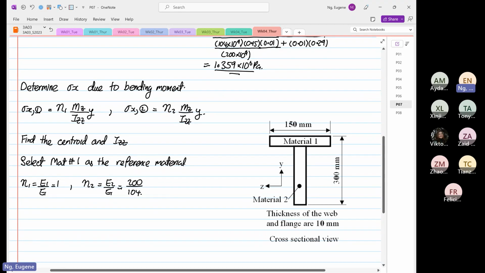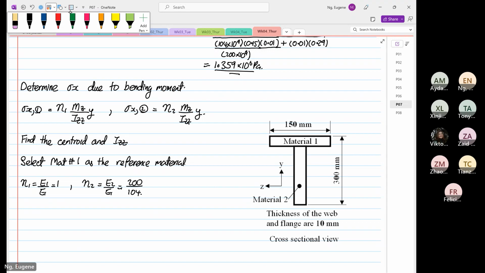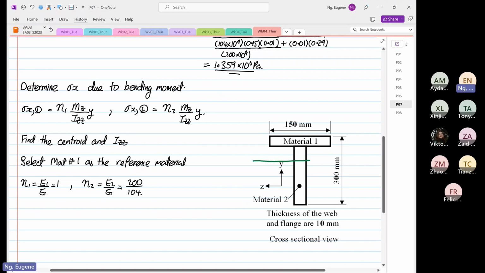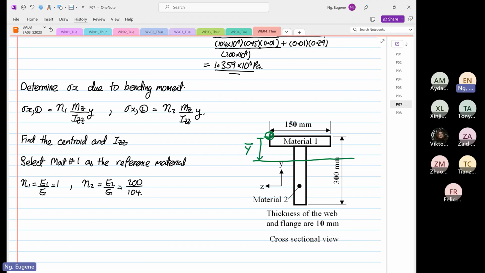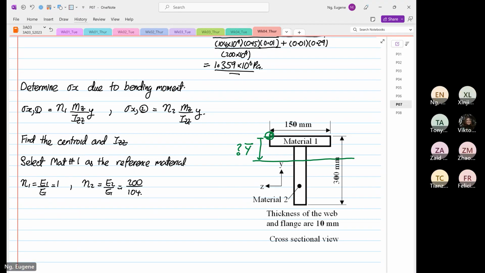We are going to determine the position of the centroid from the top. So we are going to determine what is our y bar. For now we don't know. For composite material, it's more complicated to find the centroid, but not impossible.